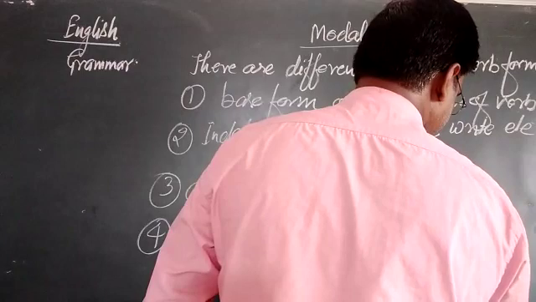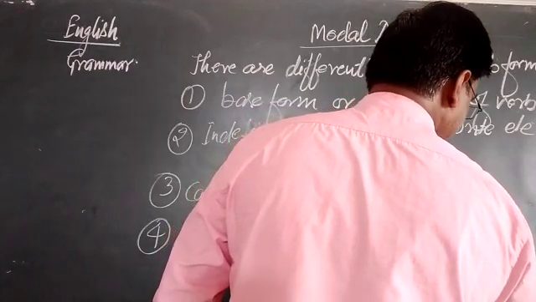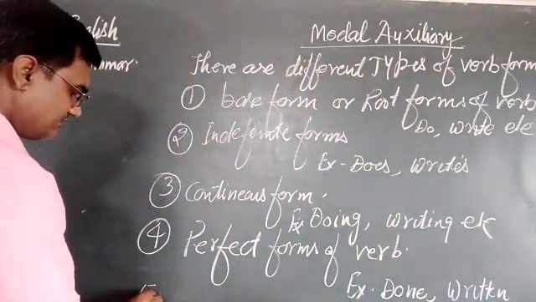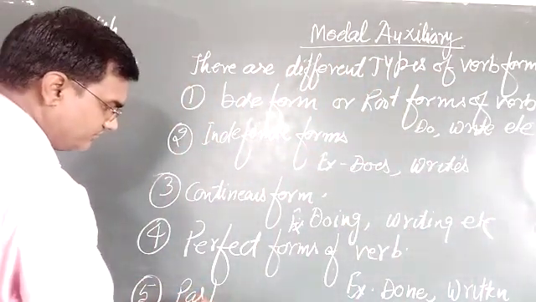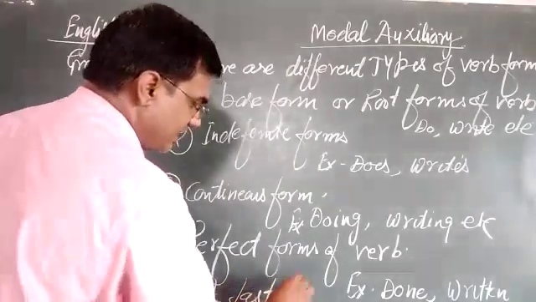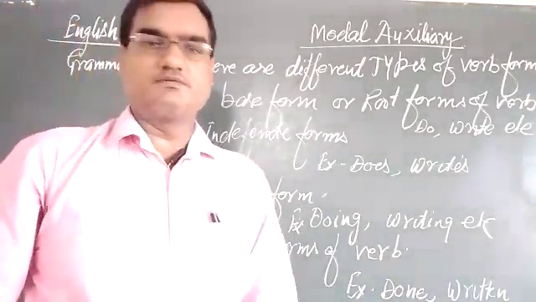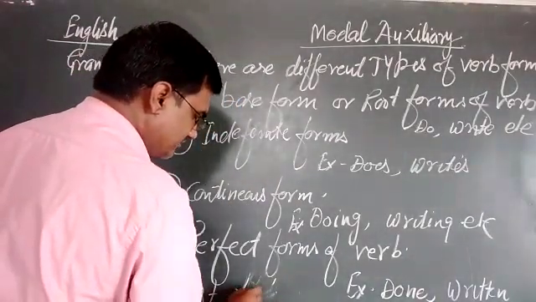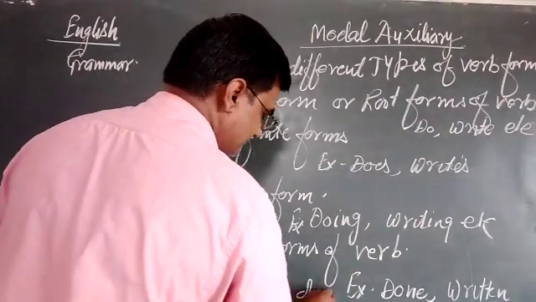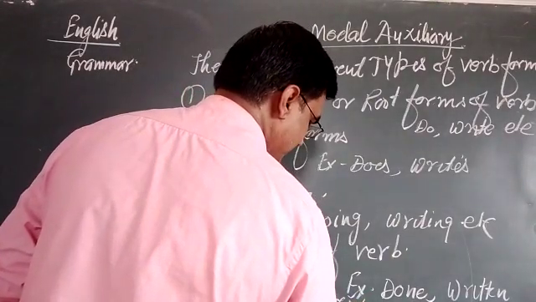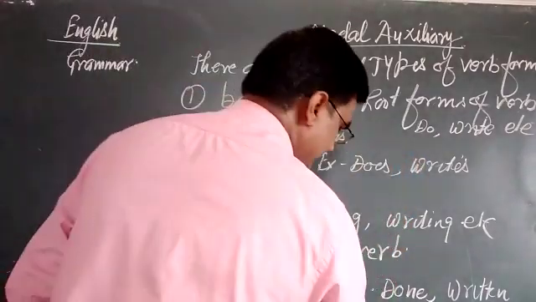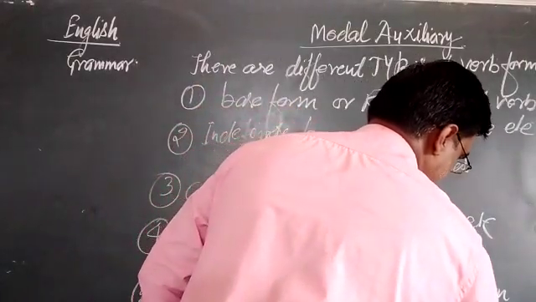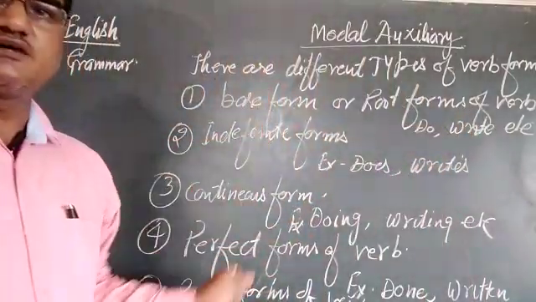And write, perfect form, written. And fifth is the past form. Past form is just like the second form of the verb. Example: do, past form did, and write, past form wrote. So these are the forms of the verb.